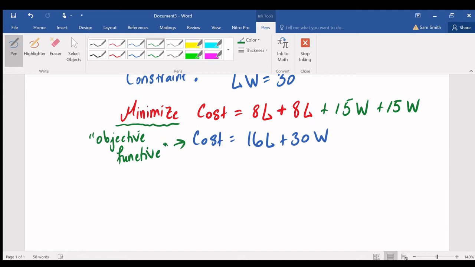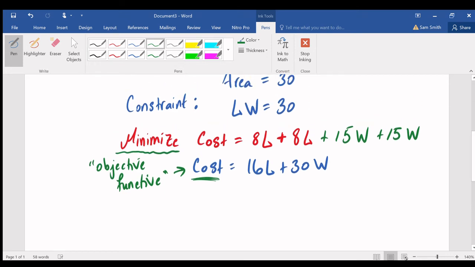Let's try and find the derivative of this cost. Well, we run into a small issue here because cost at the moment is a function of two quantities. Cost is a function of both L and W. So should I take d/dL or should I take d/dW to find the derivative? Well, the answer is that we're not going to do either of these right now.